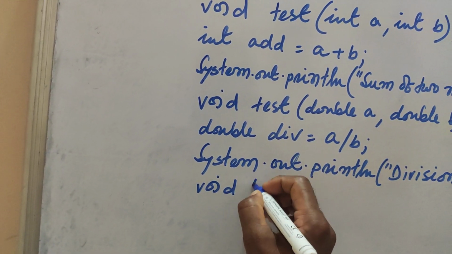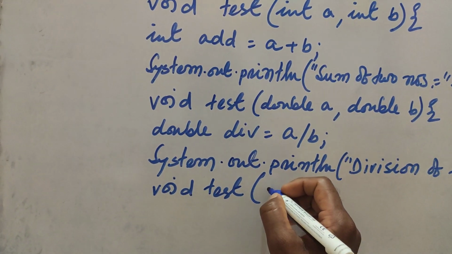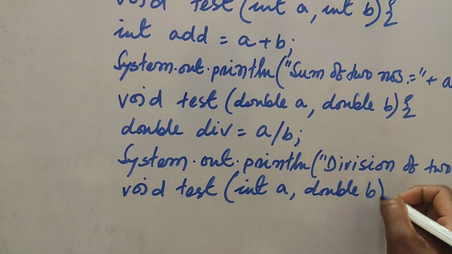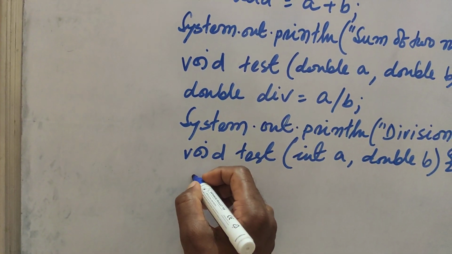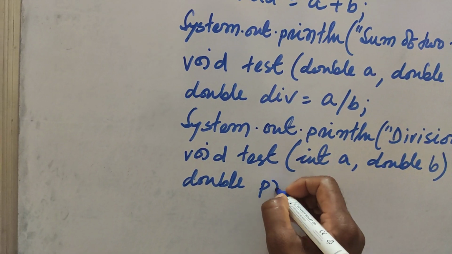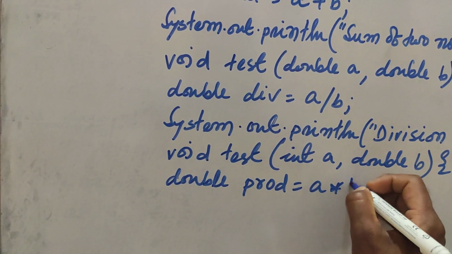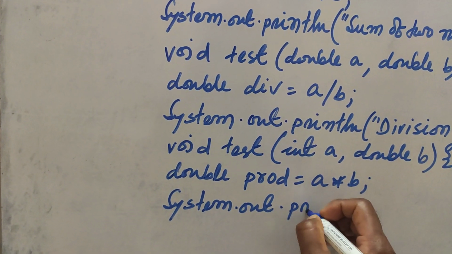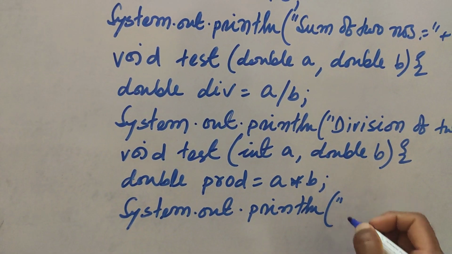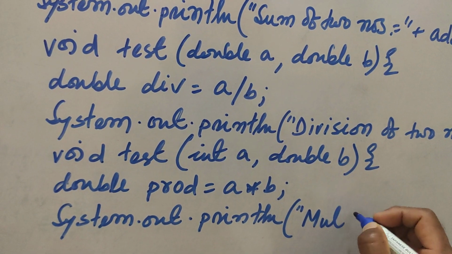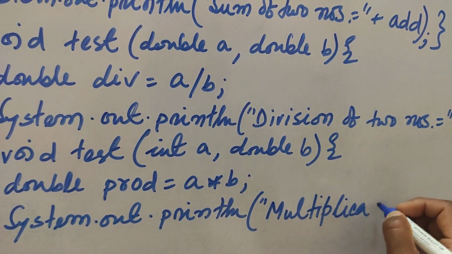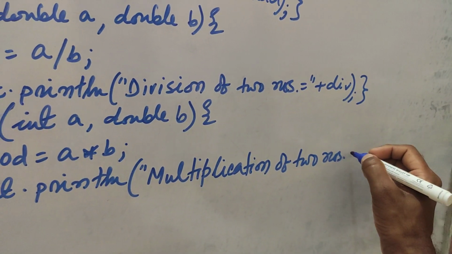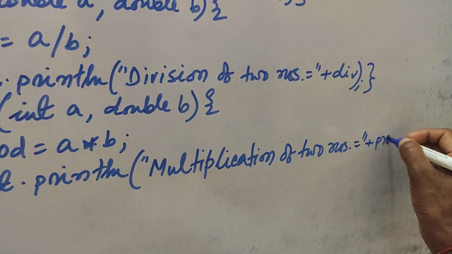Suppose void test, int a, double b. Multiplication of two numbers equals product, prod.